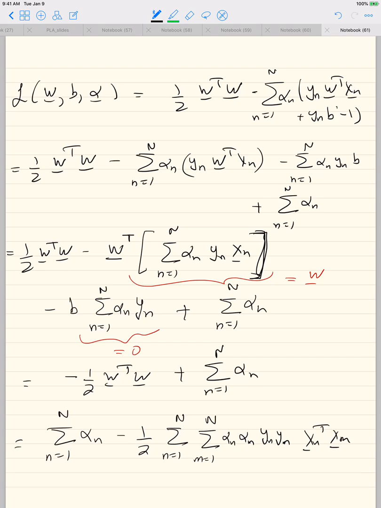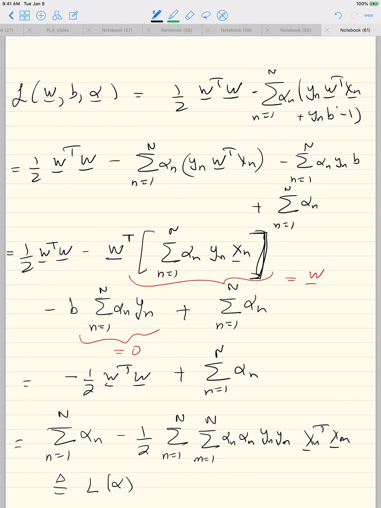So this is what we get for the simplified expression for the Lagrangian after we solve the inner minimization. We'll call this L of alpha.